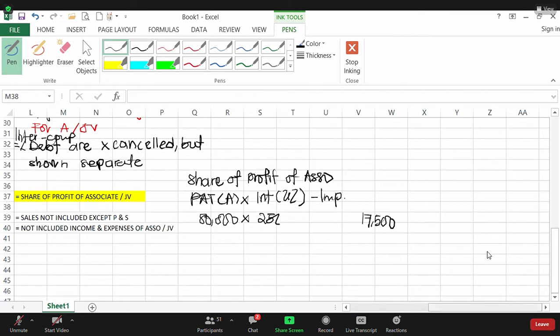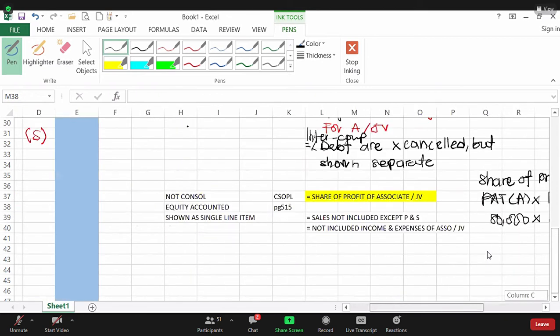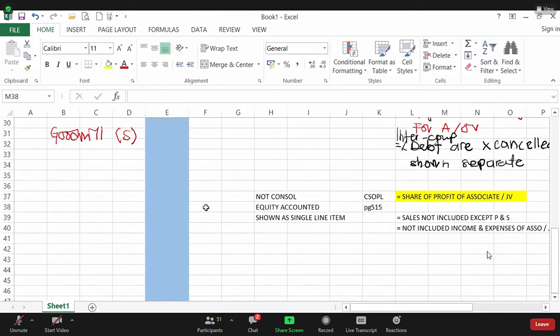Okay, that's all. Now, this is about financial statements. Now, I would like to ask about NCI. Do we have non-controlling interest for a subsidiary or not? If you have a subsidiary, do we have NCI?